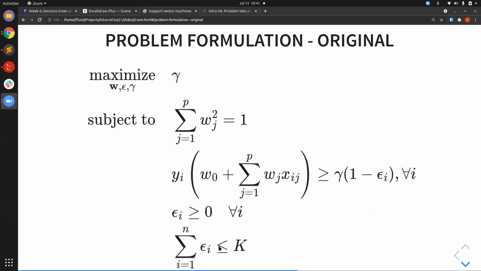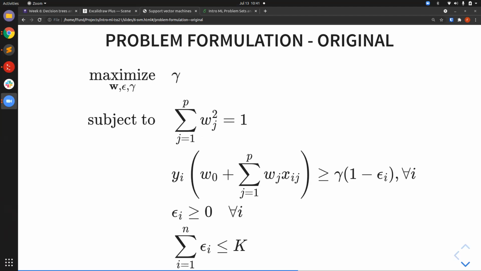And for the points where epsilon is non-zero, we have this overall budget K. Now we know that any scaled version of the hyperplane is the same hyperplane. So we have the scaling parameter here. We're going to adjust it so it's a little more convenient. We're going to say this quantity should be inversely proportional to the margin.